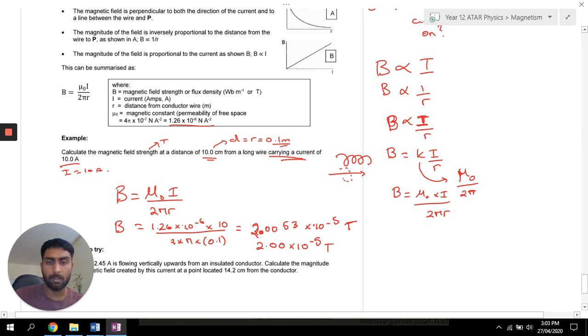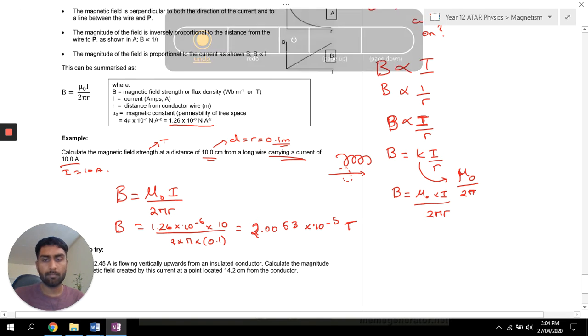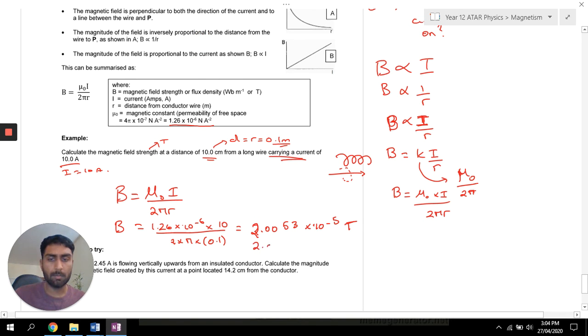No, sorry, I'm wrong. It would be 2.01. So 2.01 times 10 to the minus 5 Teslas. That's the answer. We want to indicate that to the examiner.